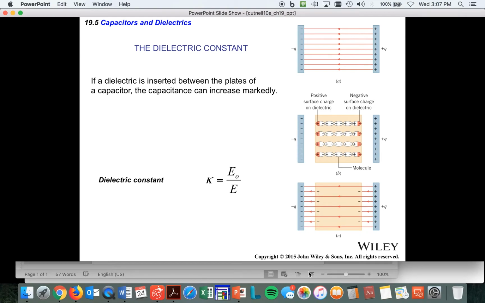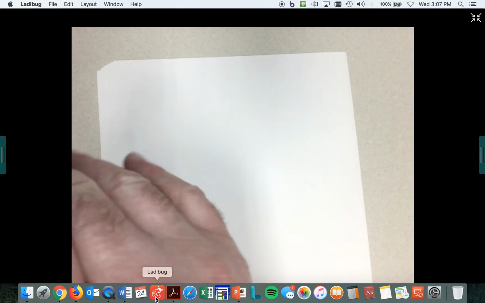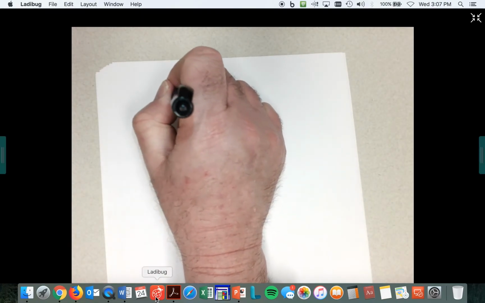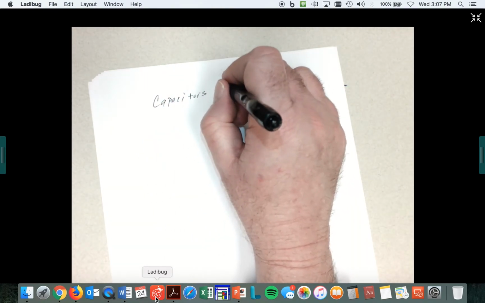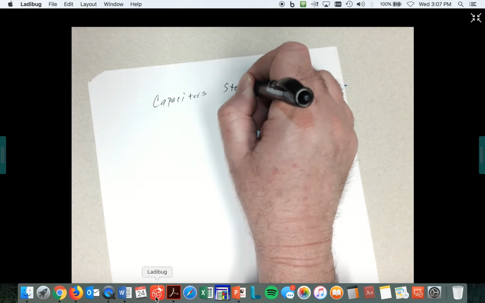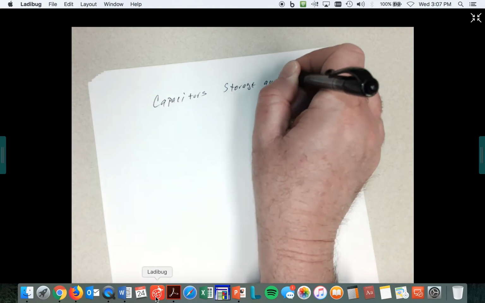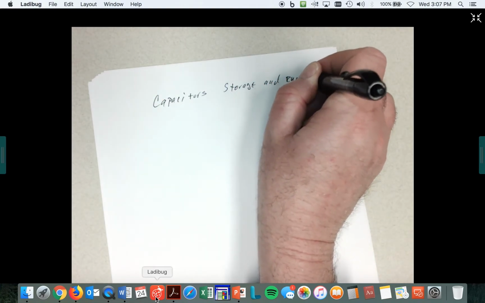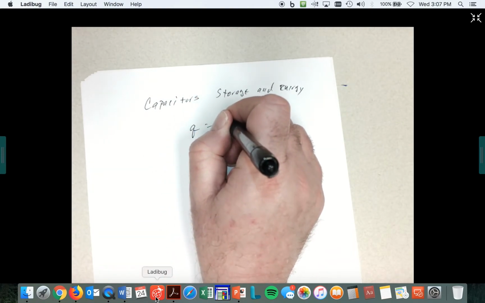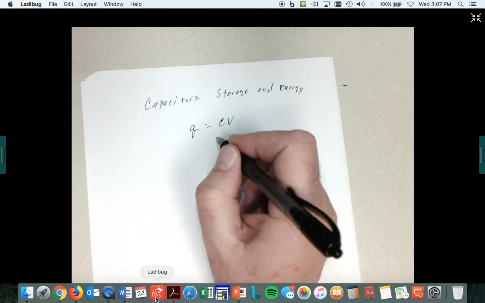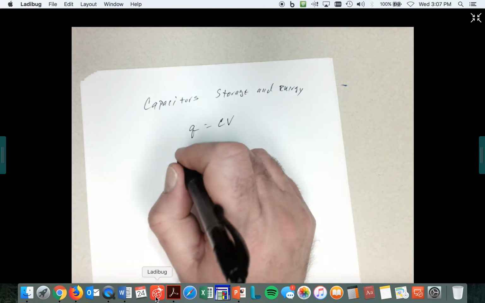So if we want to keep something constant, look at here. Capacitors. Storage and energy. If we want to keep something the same, we've got Q equals CV, and we put this dielectric in there. Here's what happens.